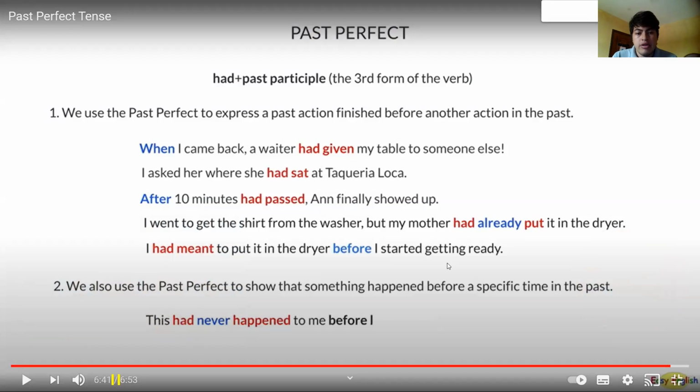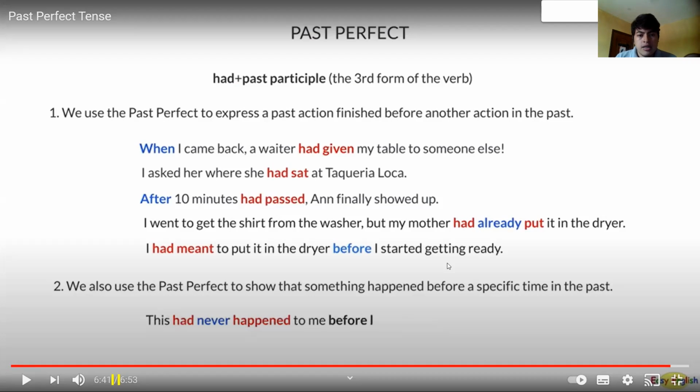So he is talked to about what happened that night, and gives us some examples. When I came back, a waiter had given my table to someone else.